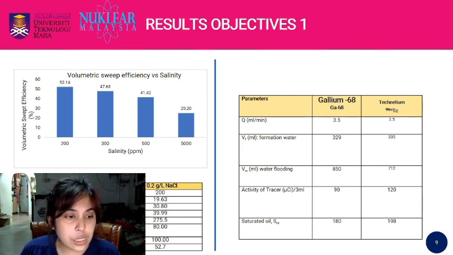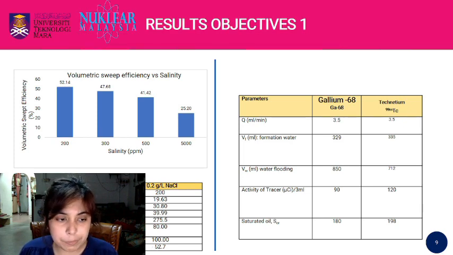So this is the salinity. Salinity is 200, the drainage area is fixed, thickness, porosity, drainage pore volume, cumulative production peak, sweep volume, and sweep efficiency is 52.7%. This is from the volume efficiency.